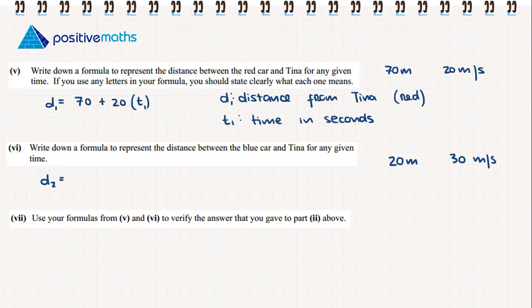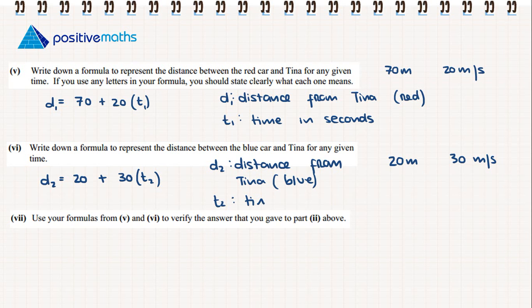So d2, the distance of the blue car from Tina, is going to be equal to 20 metres plus 30 multiplied by t2. So again, d2 is the distance from Tina of the blue car, and t2 again is just time in seconds.